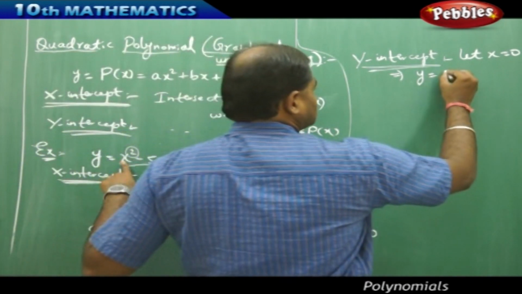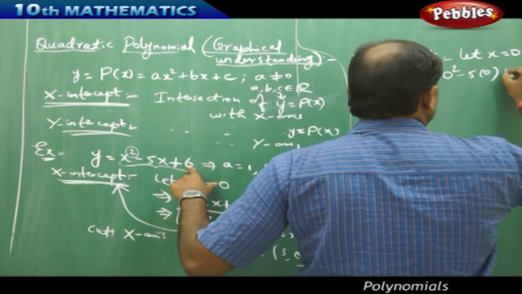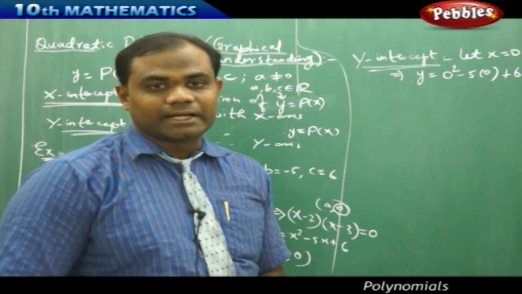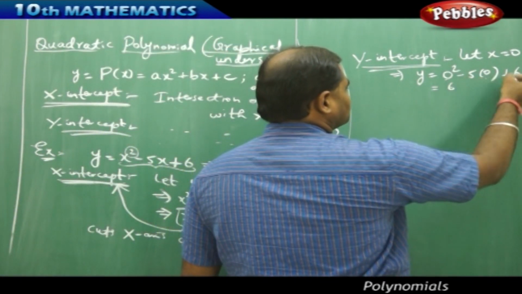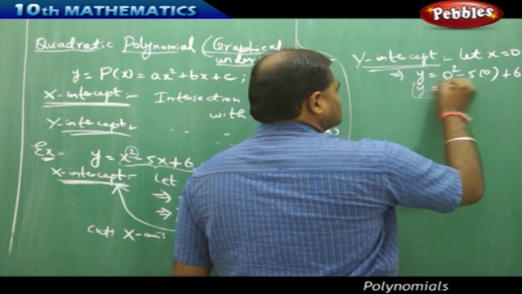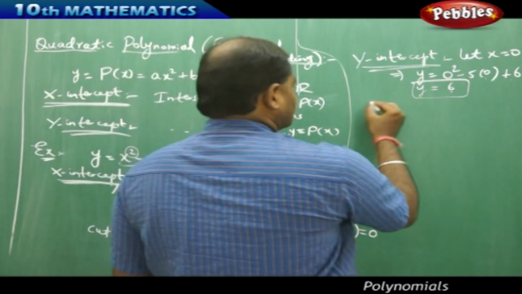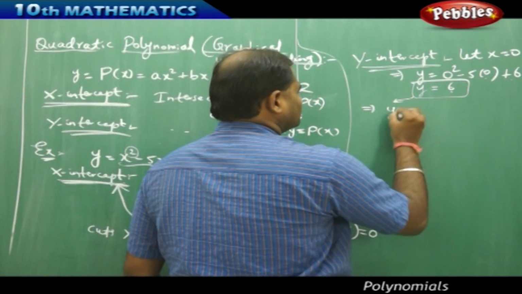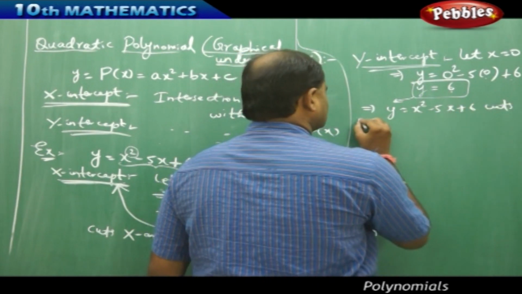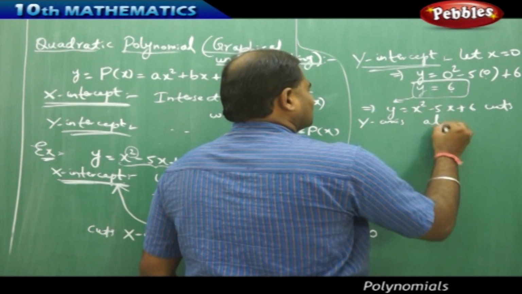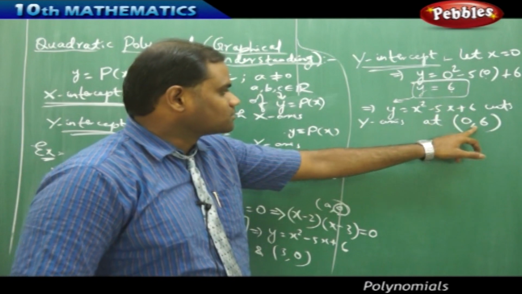This reduces to 0 squared minus 5 times 0 plus 6. Further simplifying gives 0 minus 0 plus 6, which is 6. Therefore, this is the value where the graph cuts the y-axis. So graphically, y equal to x squared minus 5x plus 6 cuts the y-axis at 0, 6, because my x coordinate is 0 and my y coordinate is 6.